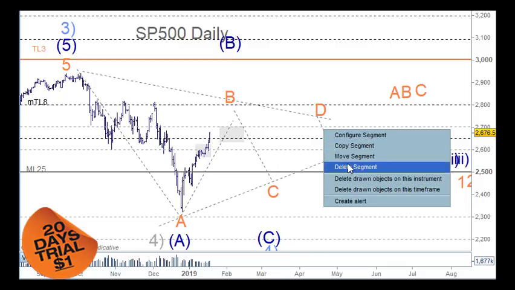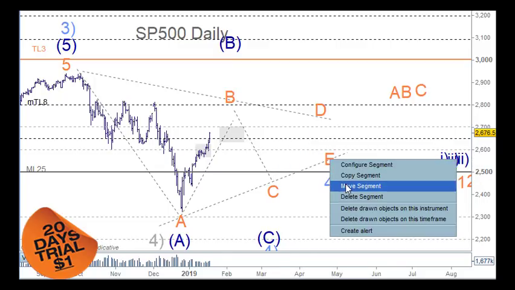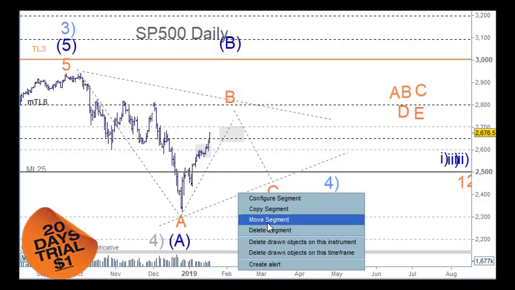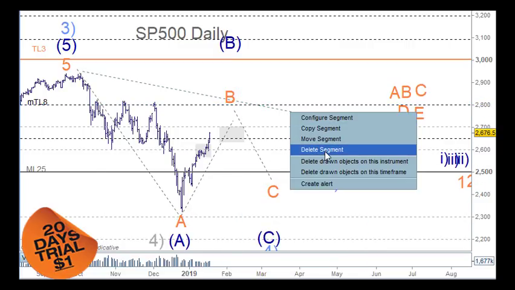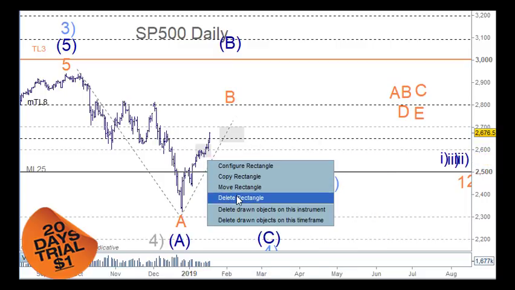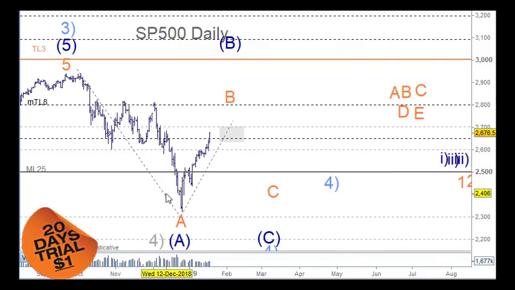The other point for all of this is that because we've got 3 waves to the downside here, let's just clean these up here a little bit. So because we've got 3 waves down through here, that means that we can have a flat correction. So that means that we can have 3 down here. That means we would need to see 3 waves up.